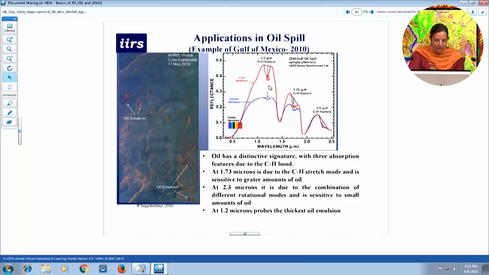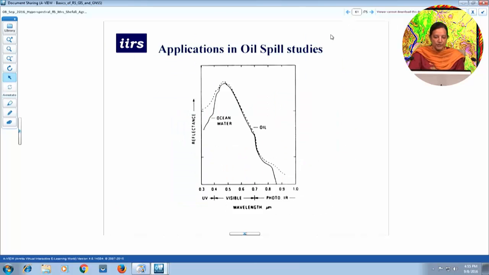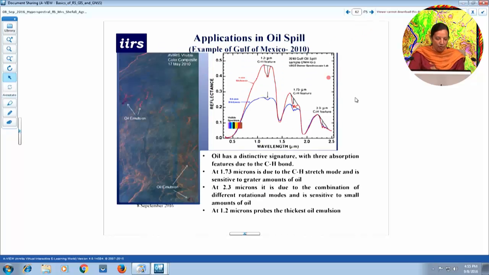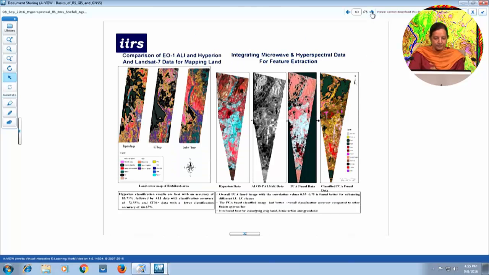So if I can measure this, I can find the thickness of the oil and the concentration, whether it is in large amount or lesser amount. This also enables you to differentiate the oil from the water surface, which is difficult with multispectral, whereas with hyperspectral, oil spill can be identified.